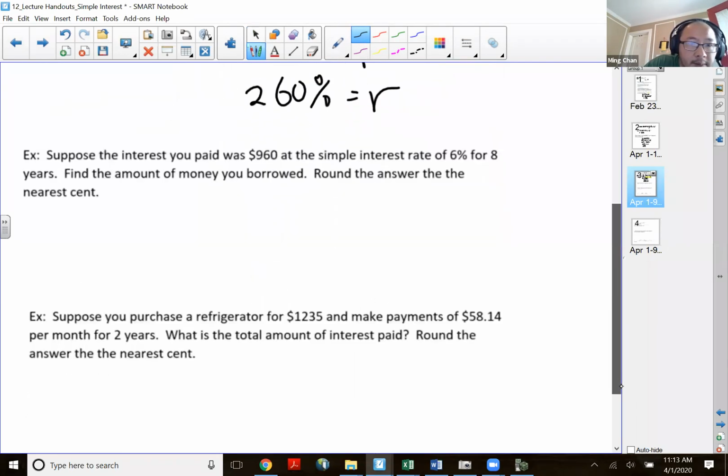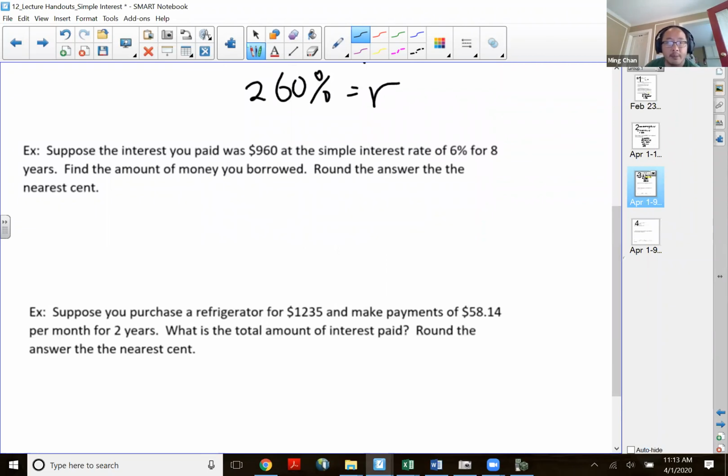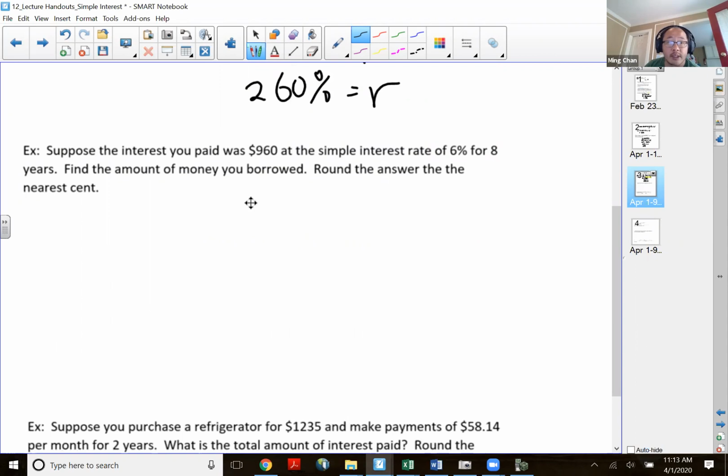All right, try another one. Suppose the interest you paid was 960. This 960 is representing interest at the simple interest rate of 6% for 8 years. Find the amount of money you borrowed. This problem is asking for money borrowed, so that will be looking for the principal. So I equals principal times rate times time.